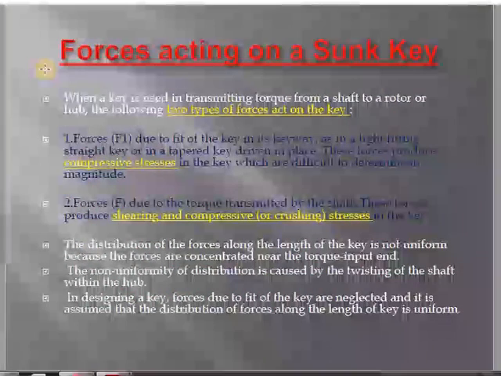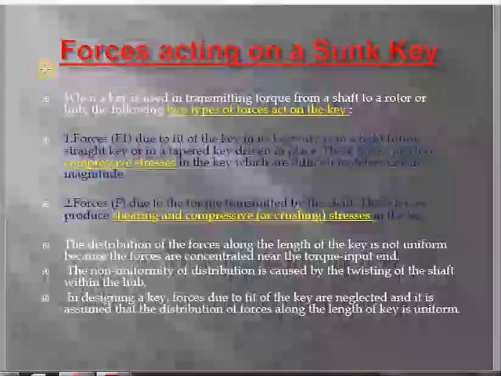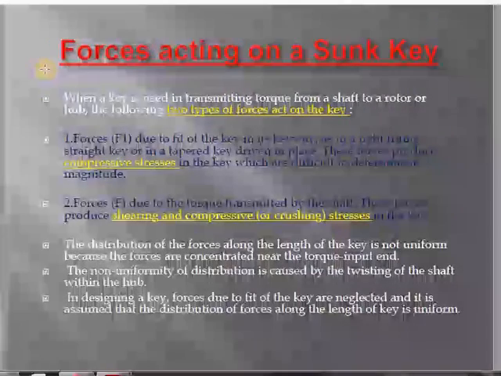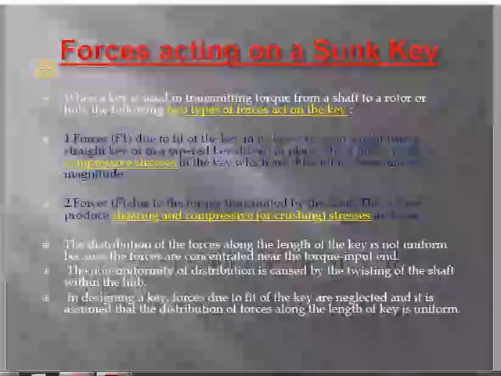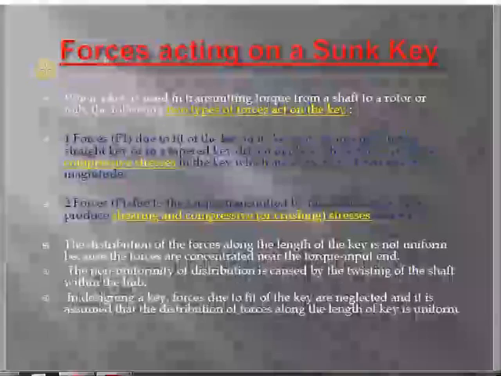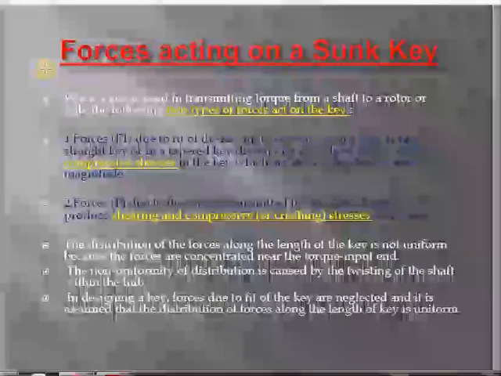Next, let us see the forces which are acting on the sunk key. When a key is used to transmit torque from a shaft to a rotor or hub, the key experiences two types of stresses.